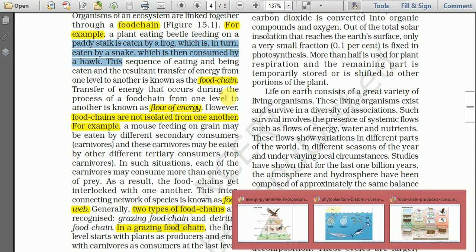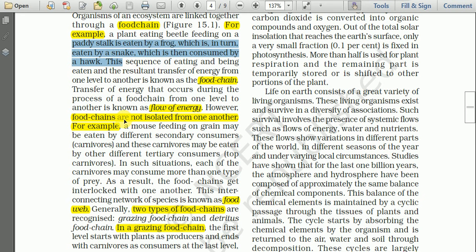No, sir. Okay, then see, we have discussed only a very simple food chain, but in the real case, it is actually very complex. It is not so simple as we discussed here. Food chains are not isolated from one another.